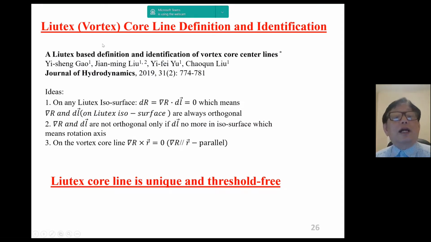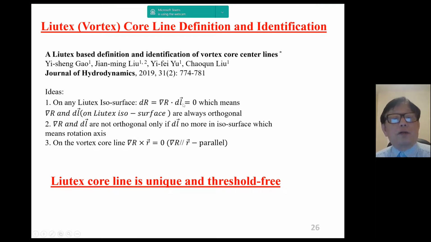Then I also would like to introduce the Nutex core line definition and identification. The idea is that on any Nutex isosurface, the gradient of R is orthogonal to the isosurface, which means the gradient of Nutex and the vector are always orthogonal.